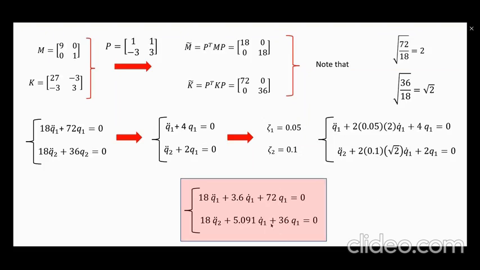I have to solve these two equations by hook or by crook. By the way, you notice that this thing in the box, I've taken the one at the very top here and multiplied the top one by m1 tilde and the second one by m2 tilde. That's how you go from here to here. Actually, if you look at this term, you see this is the same thing, except that I've thrown in the damping terms, q1 dot and q2 dot.